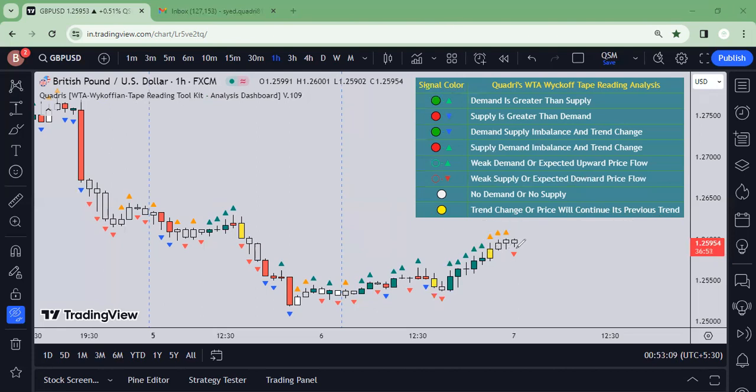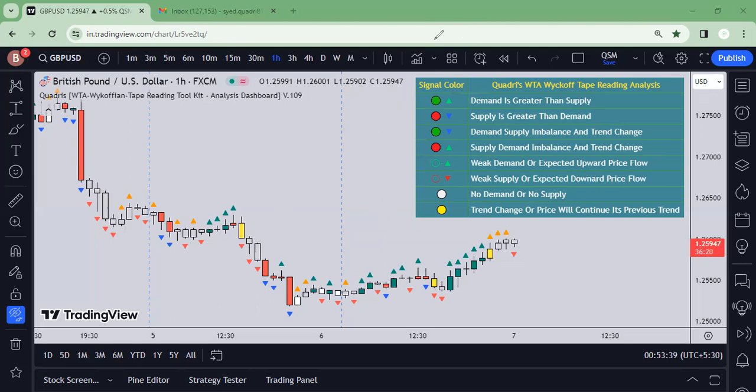So it might be possible in the coming session or coming hours, we can see price might depreciate below. If you know how to play around with your structure, that means price is losing steam to take this market upwards. So this is how it's an excellent tool, only if you know how to use it.